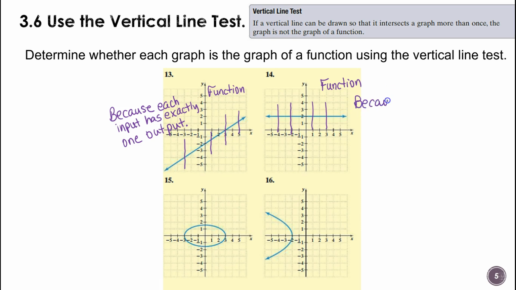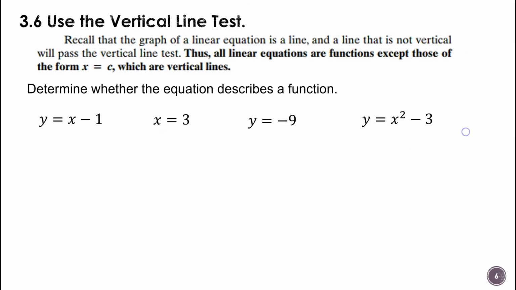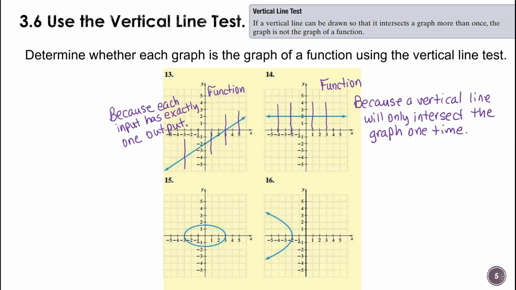Because a vertical line will only intersect the graph one time. Now you can draw multiple vertical lines to test this out when you're trying to decide.